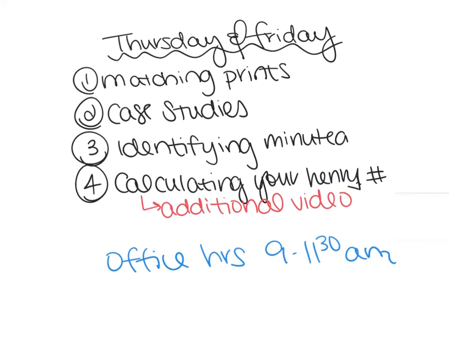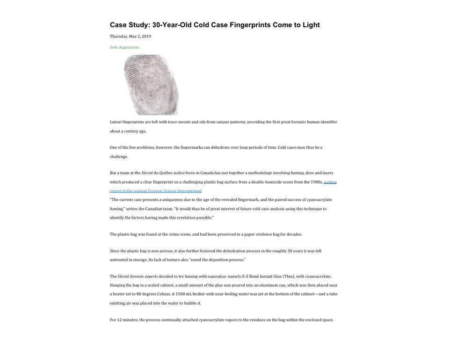Then the second thing you're going to do is the case study. Case studies are 2 perfect examples of how fingerprints are used today, and they both are very, very recent. This one is from 2019. It's a really good article for you to see how they use those cold case fingerprints to solve some cases.